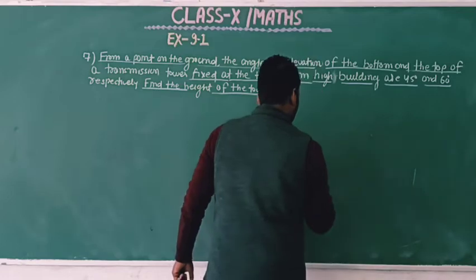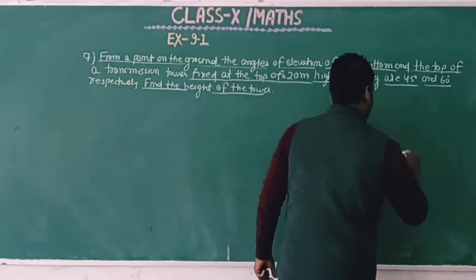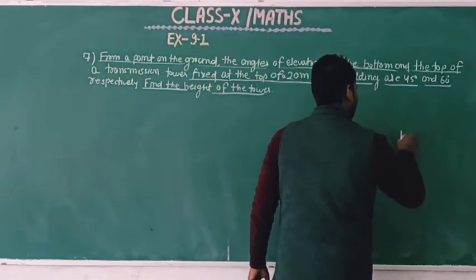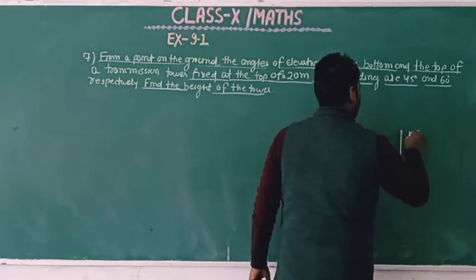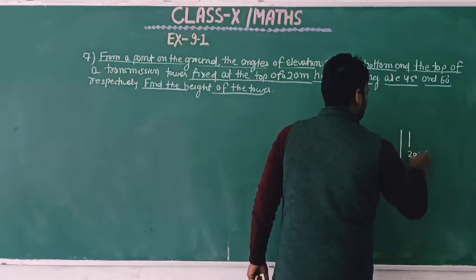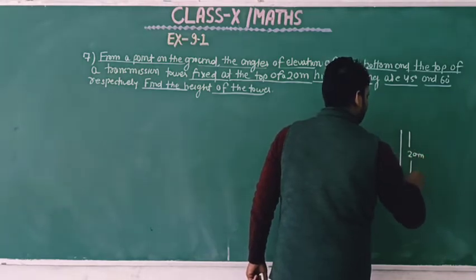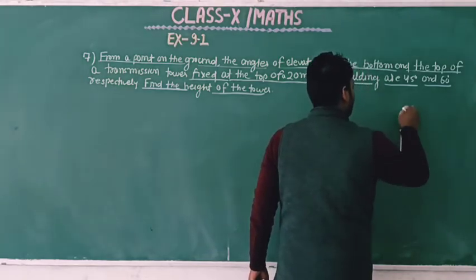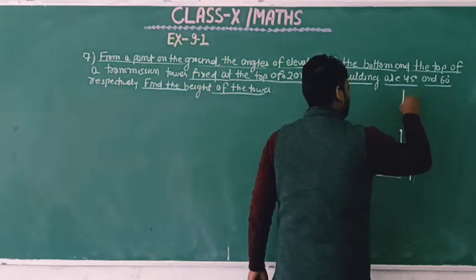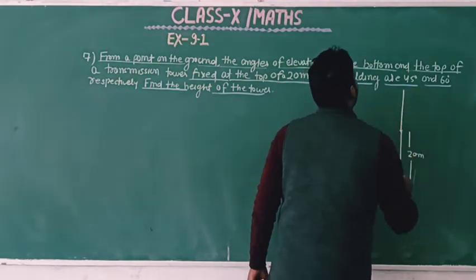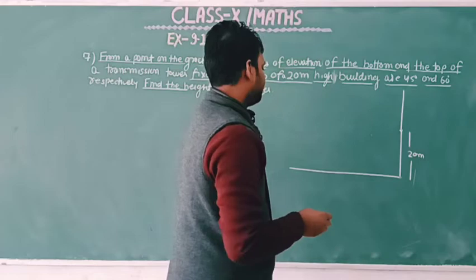Suppose this is the ground and here a 20-meter high building, and this is the tower placed on the top.